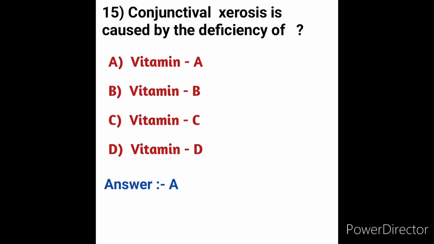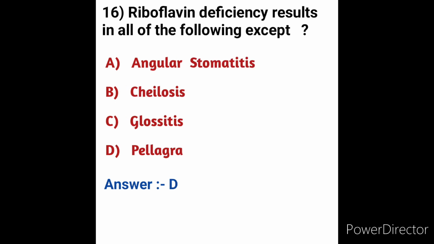To question number 16. Riboflavin deficiency results in all of the following except. We will see the options here. Option A, angular stomatitis. Option B, cheilosis. Option C, glossitis. And option D, pellagra.